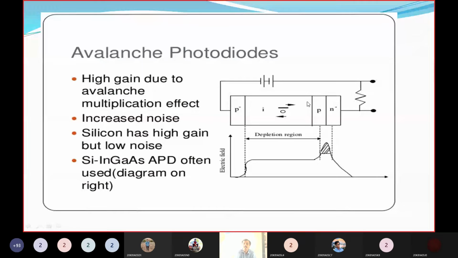Due to the internal electric field, its intensity increases. Compared to the intrinsic region, in this region the electric field is very high. Due to that electric field, these electrons gain energy and are involved in the multiplication process. So there is high gain due to the avalanche multiplication effect.